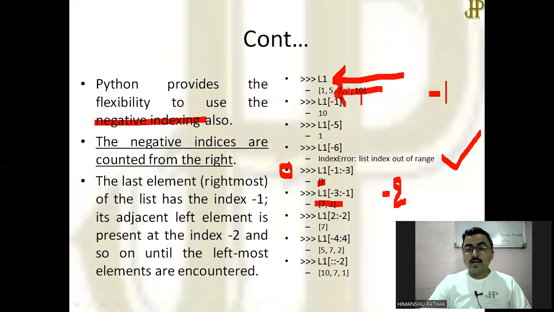So it will print 5, 7 and 2. Okay. And at last, you can also ignore the starting value and stop value. Only you can give the step size, and that can be a negative value. So it is -2. So it will print 10, then 2 is ignored, 7 is printed, 5 is ignored, 1 is printed.